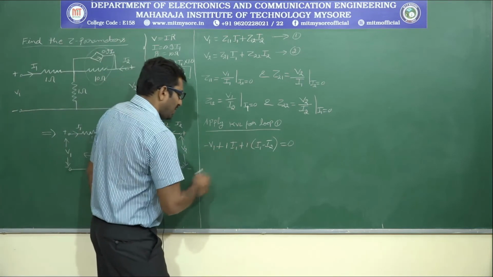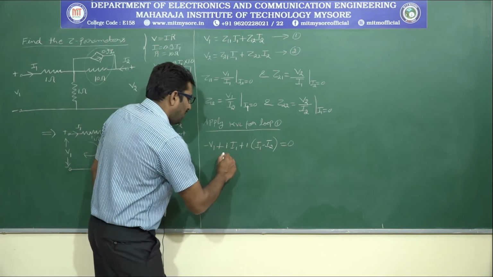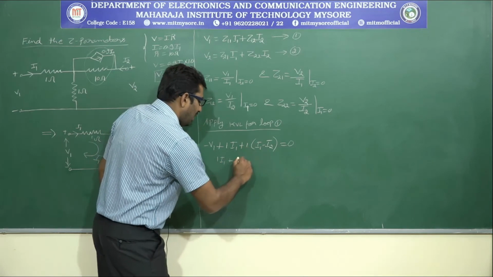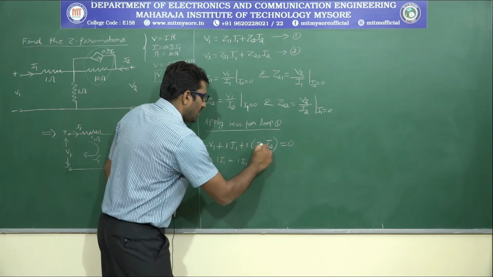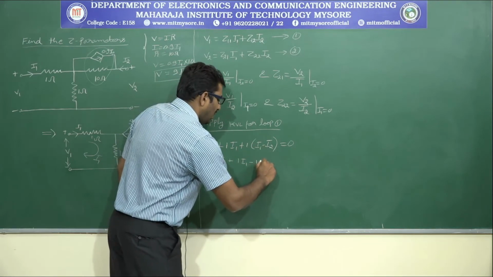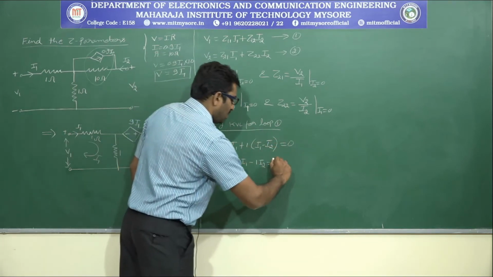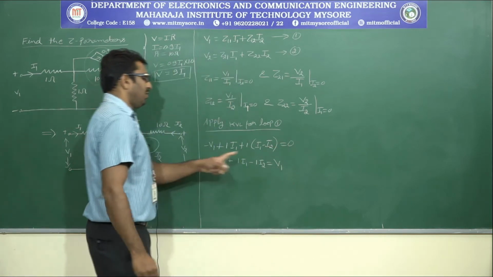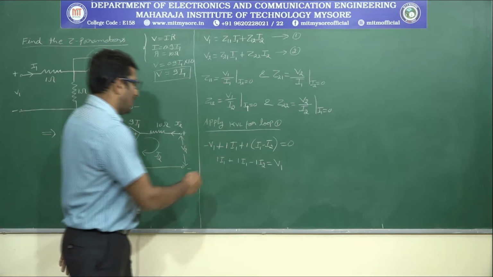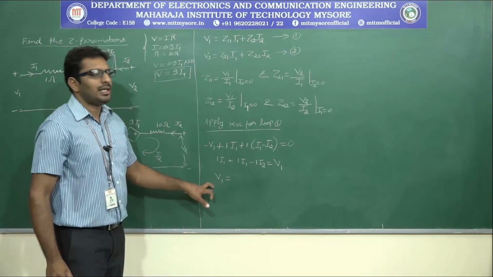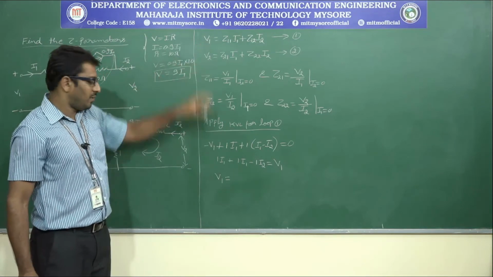First let me simplify this equation. 1 I1 plus 1 I1 minus 1 I2 is equal to, shifting to the right side, minus V1 becomes plus V1. I am trying to write it in the standard equation form.